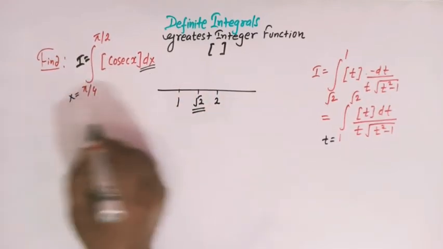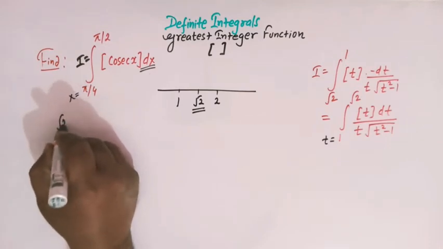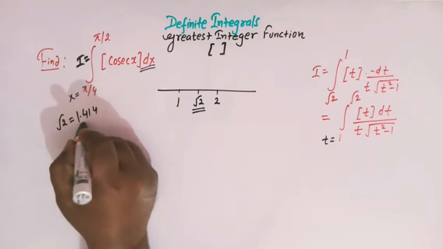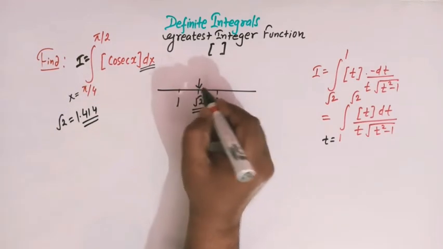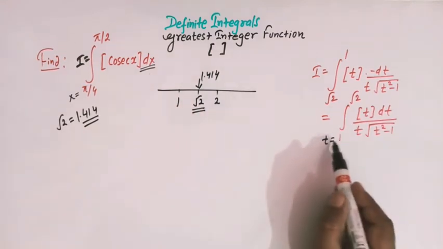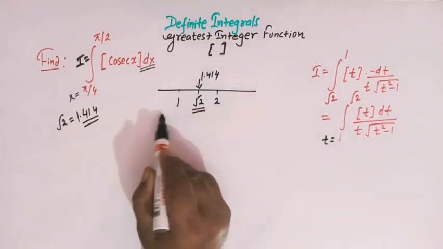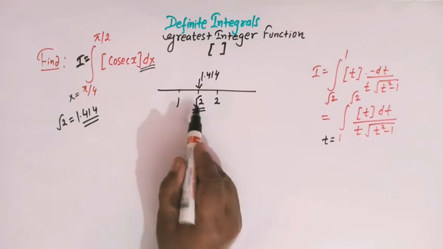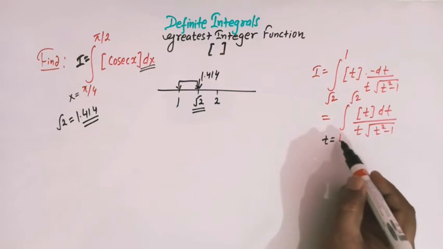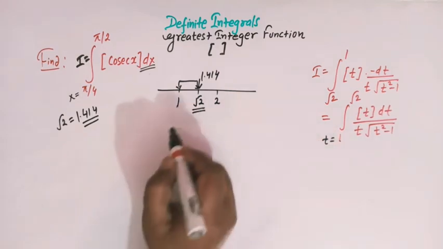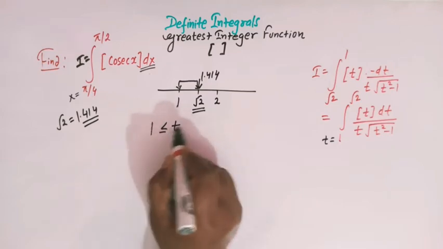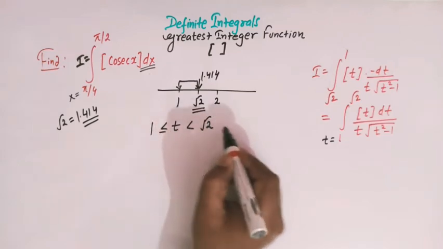The approximate value of square root of 2 is 1.414, so t lies between 1 and square root of 2.